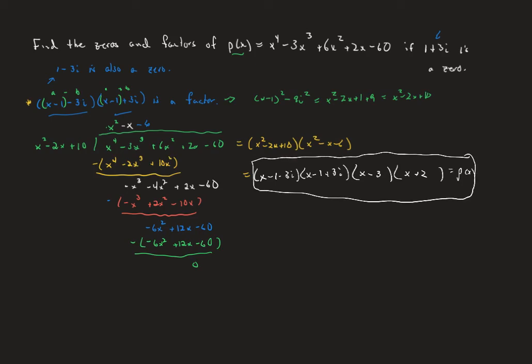And we can say that our zeros are going to be the 1 plus 3i we were given, the 1 minus 3i that we got from the complex conjugate pairs theorem, and now the 3 and the negative 2 that we got from our factorization. Very good. Hope that's some help.